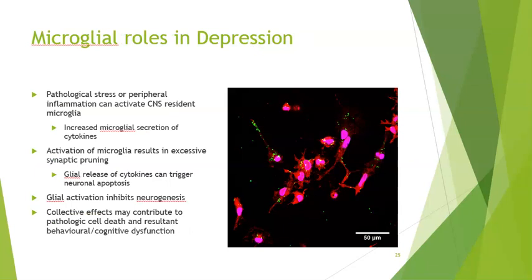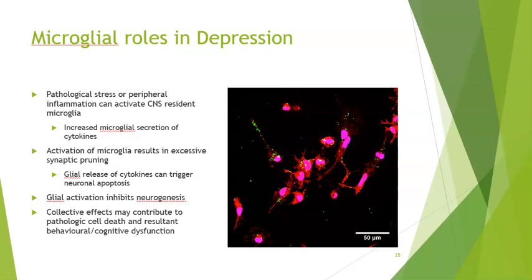Now, we also know, of course, that those microglia are very involved in inflammation, but they also seem to play a role in depression itself. So pathological stress or some sort of peripheral inflammation can activate that central nervous system resident microglia. And this will then increase the secretion of cytokines, because remember, it's the microglia that produce cytokines.